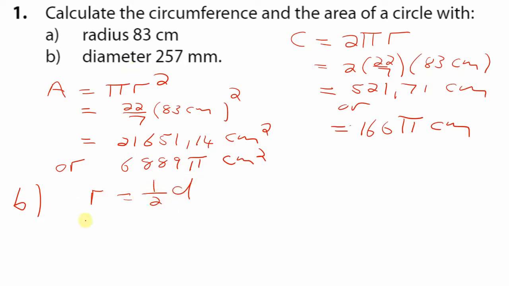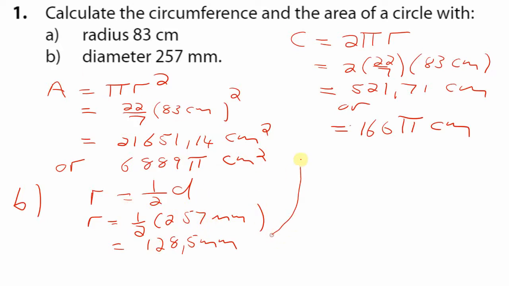So we could say therefore that our radius is half of 257 millimeter, which is 257 divided by 2, 128.5 millimeter.